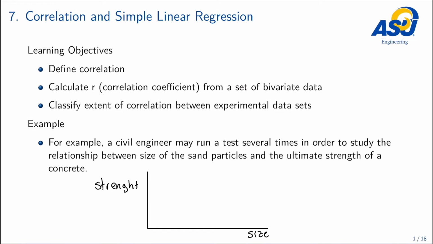So his data sets are going to be plotted in a scatter plot, and he wants to find if there is any relationship between the two. That looks like a particular pattern, and our purpose in this chapter is going to be only linear relationships.